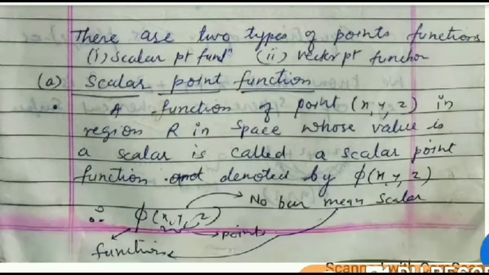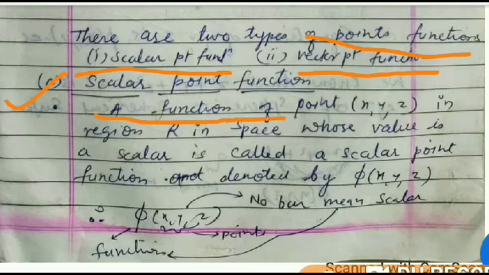There are two types of point function. First is scalar point function and second is vector point function. So first is scalar point function. A function of a point x, y, z in a region R in space whose value is a scalar is called a scalar point function.